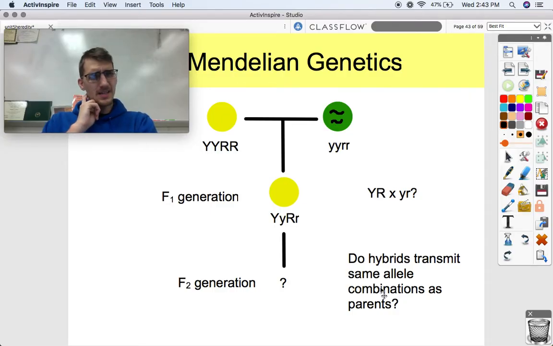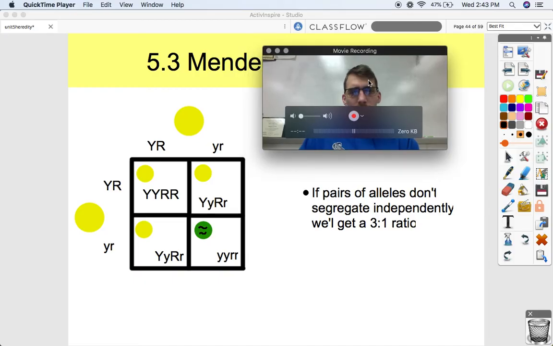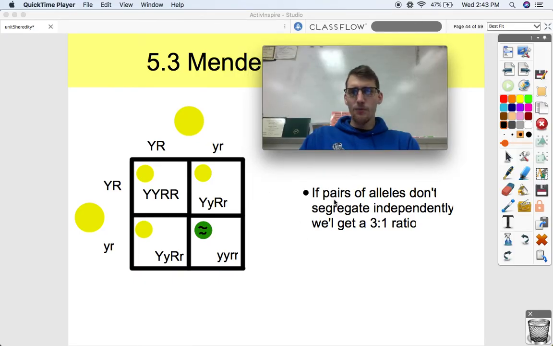Okay, and in order to get this, it really would help to show you on a dihybrid cross, because it's kind of hard to visualize. All right, so take a look at this. If we don't follow what we call the law of independent assortment, then once we cross all of our F1 hybrids, we're going to end up with our 3-to-1 ratio, just like we did with the monohybrid cross.